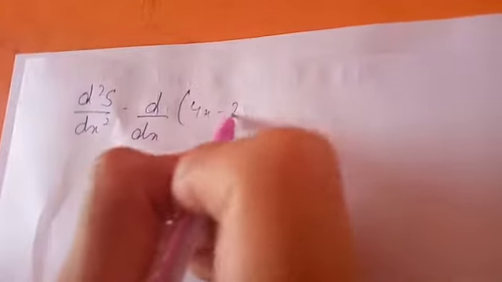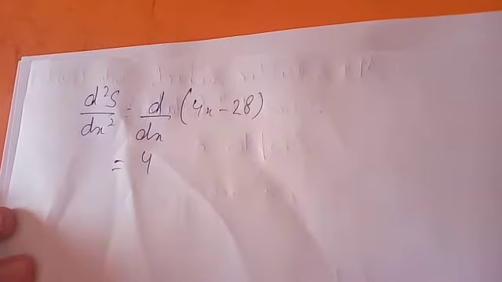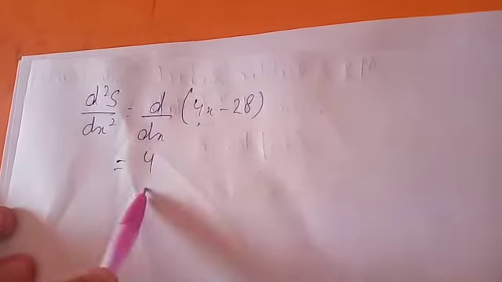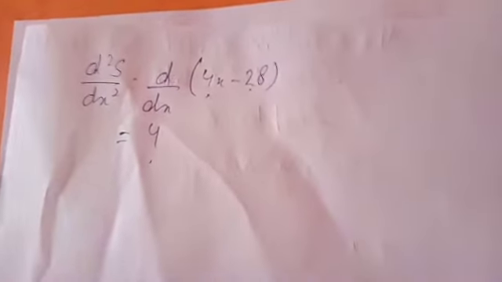Our d square S by dx square will be d by dx of our first derivative, and our first derivative was 4x minus 28. Its differentiation will be 4, since 4x gives 4 and 28 is a constant, so it gives 0.